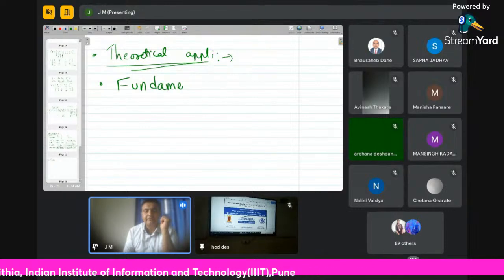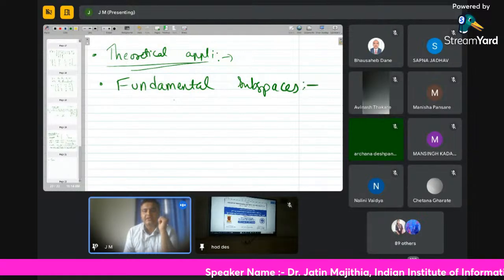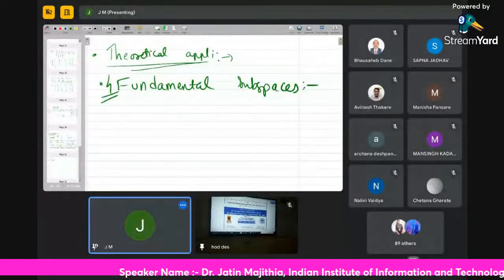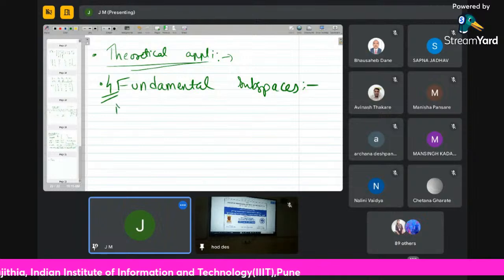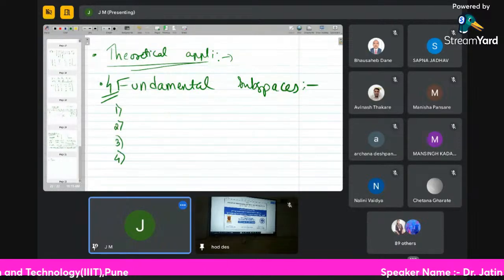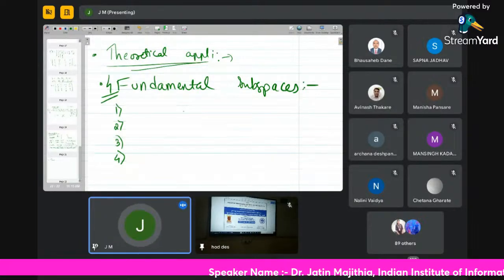What are the fundamental subspaces that we usually study in linear algebra? There are 4. Any answer? What are the 4 fundamental subspaces we study?